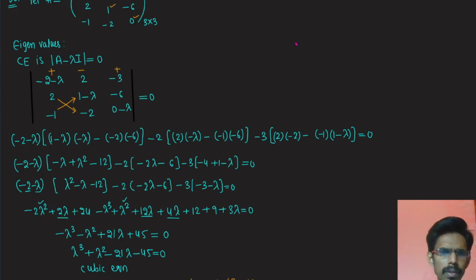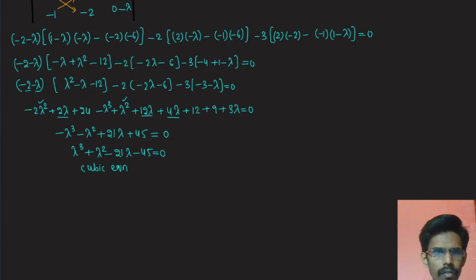It has 3 roots. Let us take the root of this cubic equation as minus 3. Let us substitute that. We have (-3) cube plus (-3) square minus 21 into (-3) minus 45.